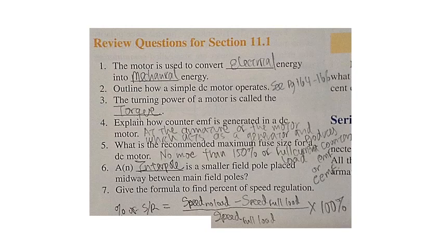The direction of the current also changes, not only in the commutator but also in the field windings, which is basically your rotating magnet, and this causes a change in polarity of the magnet.